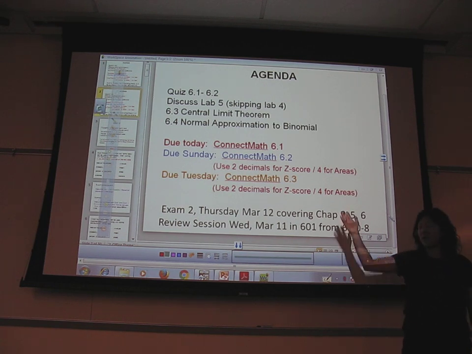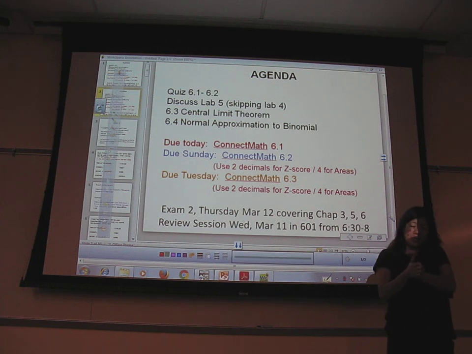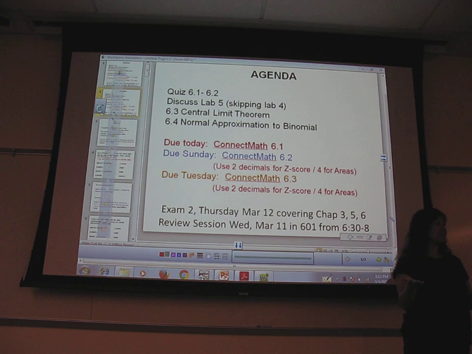The way it does it is, say you want to find the area between a z-score of -1 and +1. What you do is normal CDF of -1 and 1, right?